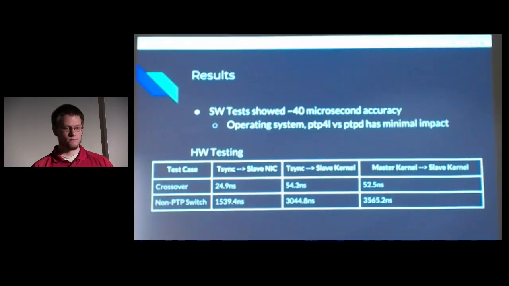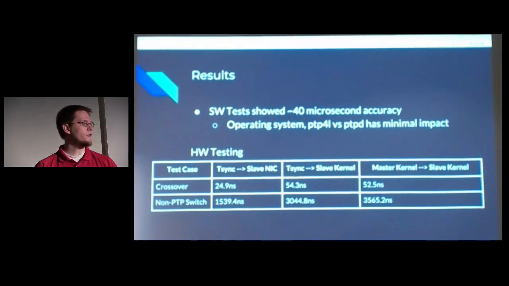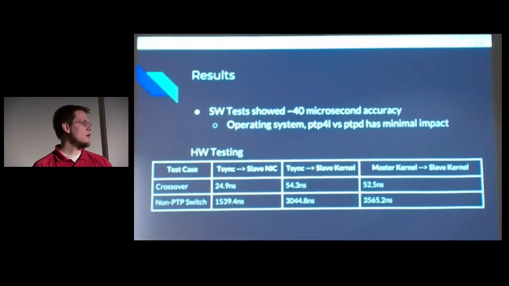The synchronization offset produced between the GPS card and the slave kernel time, as you can see in the middle column, shows that we got a 54.3 nanosecond synchronization accuracy for the crossover cable and a 3044.8 nanosecond synchronization accuracy for the non-PTP compliant switch.